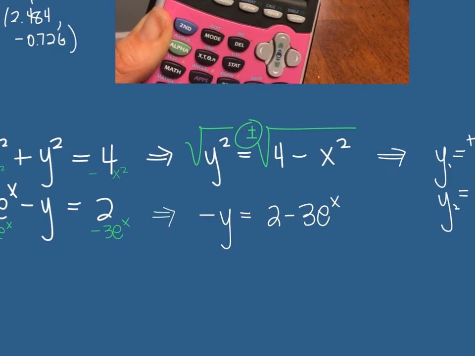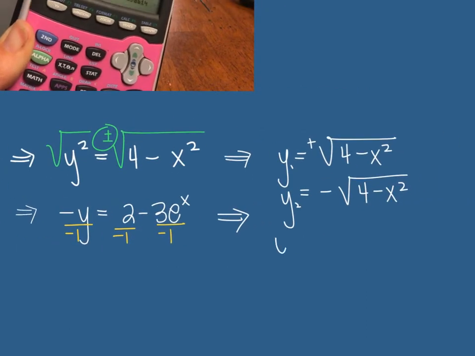And I still need to get y by itself by dividing everything by negative 1, which will leave me with y by itself and negative 2 plus 3e to the x. Now this is going to be my y3 in my equation, so this one will have 3 separate equations instead of just 2. Let me show you how to do that on your calculator.